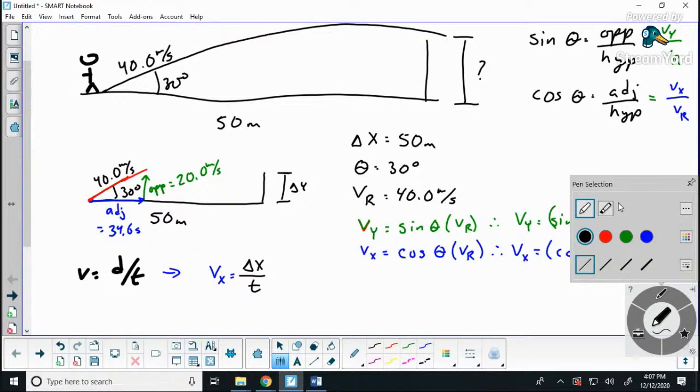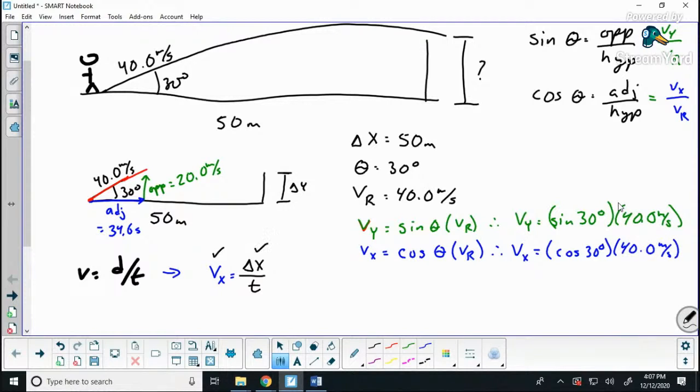I know my velocity in the x, we just calculated for it, and I know the distance that it has to cover, that 50 meters. So therefore, time is going to end up equaling the distance the water has to travel in the x divided by that velocity in the x. So whenever I substitute in the values, 50 meters divided by 34.6 meters per second, what I find is that that stream of water will take 1.45 seconds to reach the building.